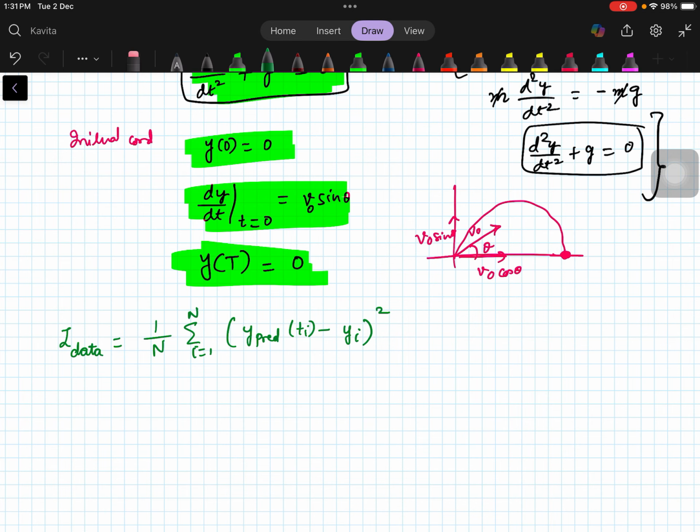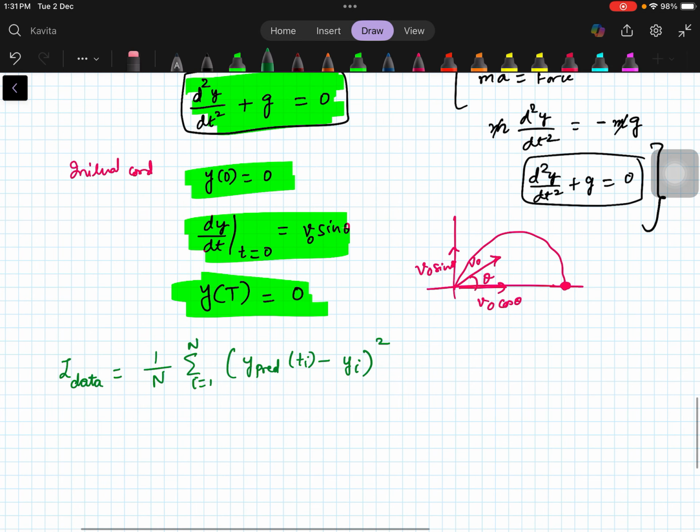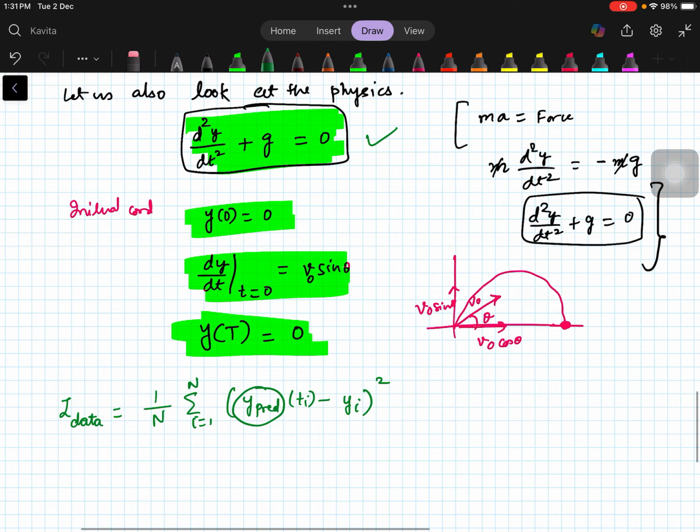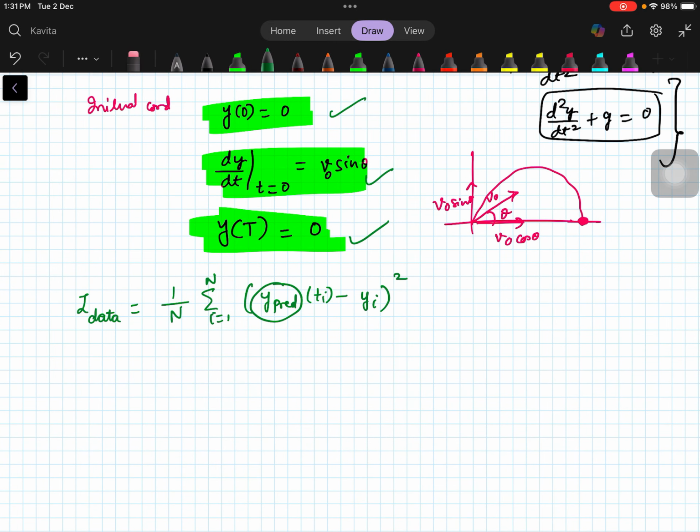But now we will say that if this y predicted does not satisfy the model, then there is also an error. Whatever my y predicted is, if I take the second derivative at the position ti, plus g, this is also an error.